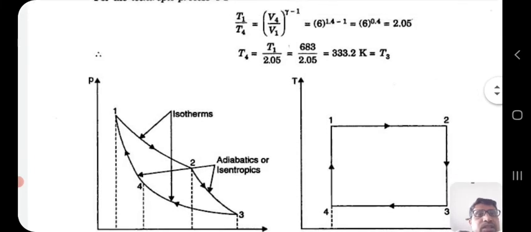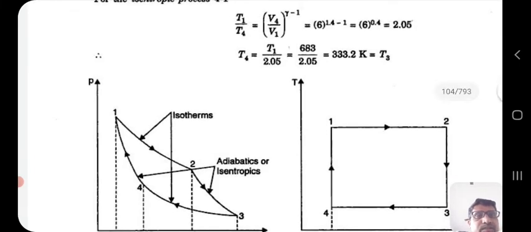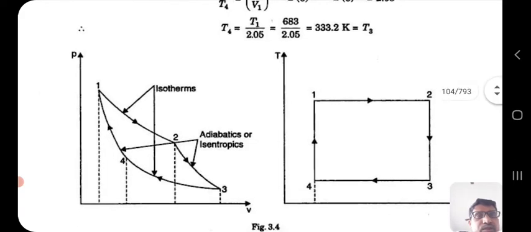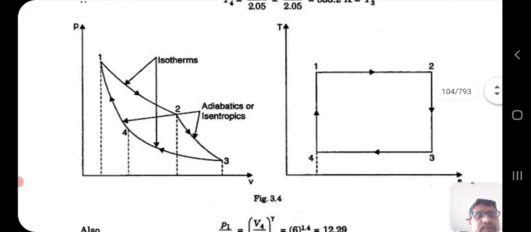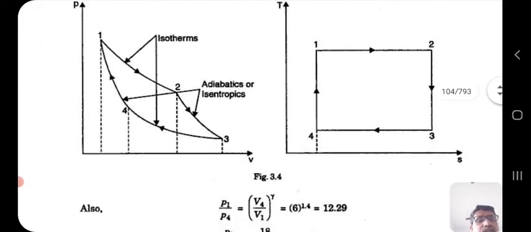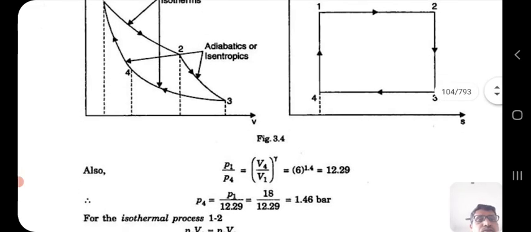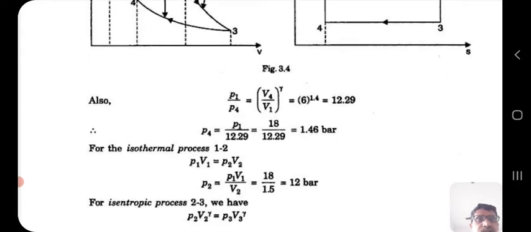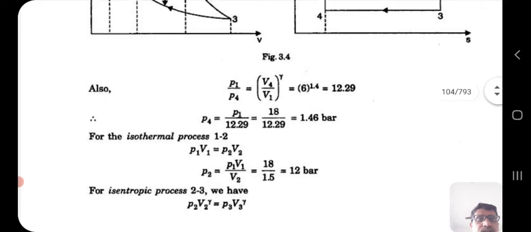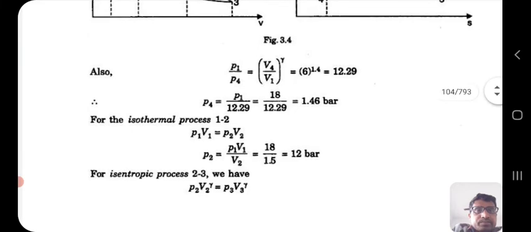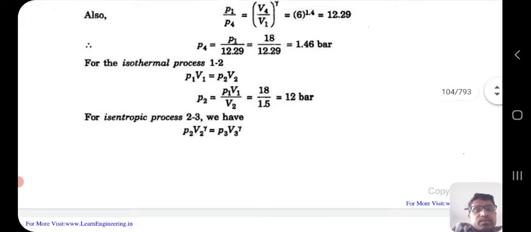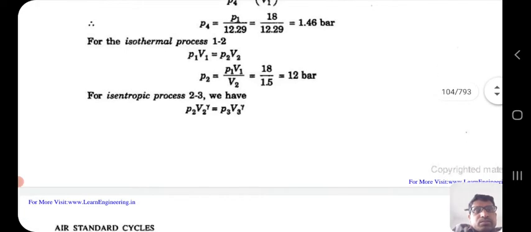T4 is equal to T1 by 2.05, so 683 by 2.05, 333.2 Kelvin, equal to T3. P1 by P4 is equal to (V4 by V1) whole to the power gamma, 6 to the power 1.4, so 12.29. P4 is equal to P1 by 12.29, so 18 by 12.29 equal to 1.46 bar.